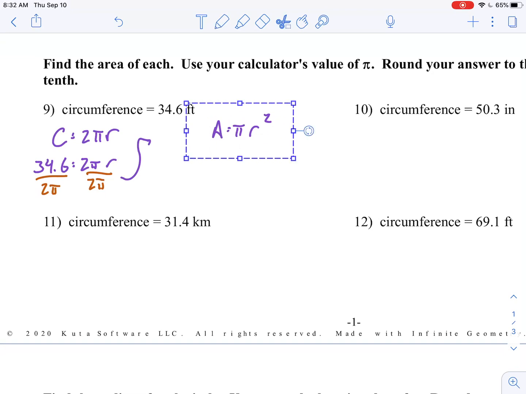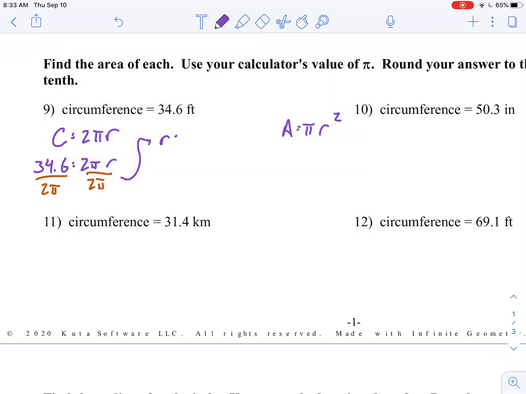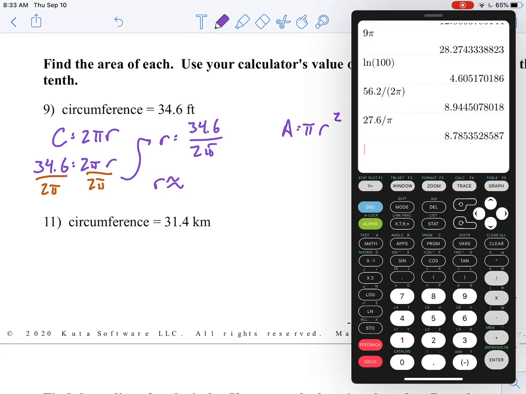And I get my radius is 34.6 divided by 2 pi. And I get 5.5.